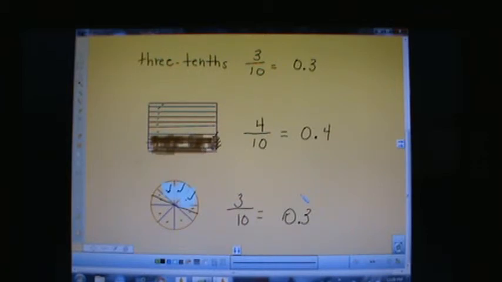Again, we can do this exact same thing with hundredths. Let's say 84 hundredths.